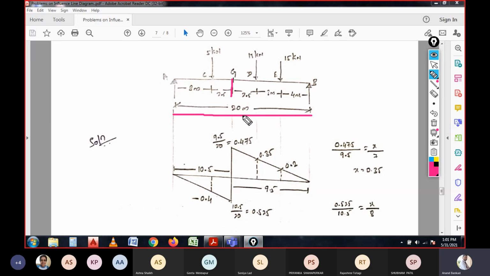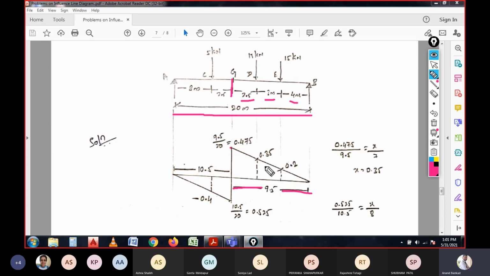In this 20 meters, 2.5 plus 3 is 5.5, plus 4 is 9.5. So the total length is 9.5, and 9.5 divided by the total span of 20 gives the coefficient value 0.475.